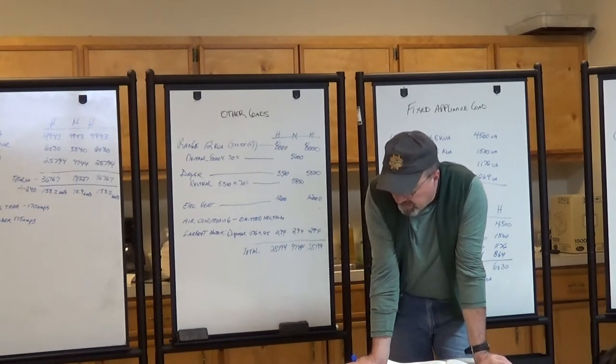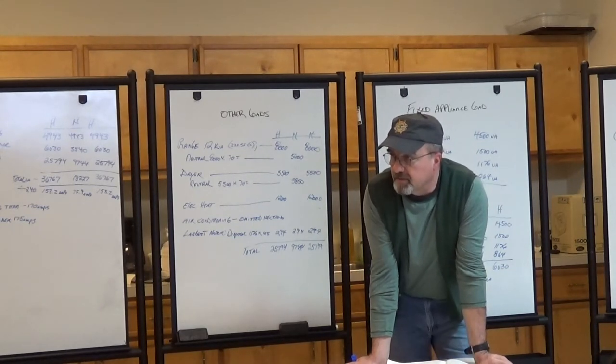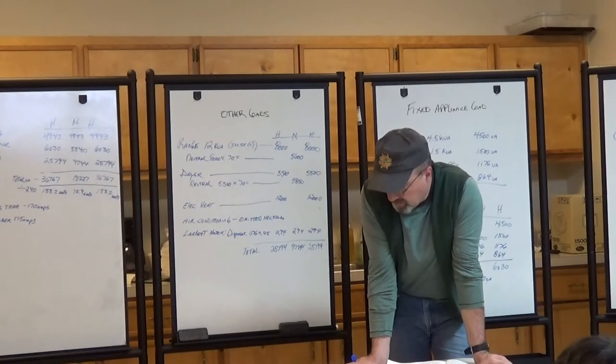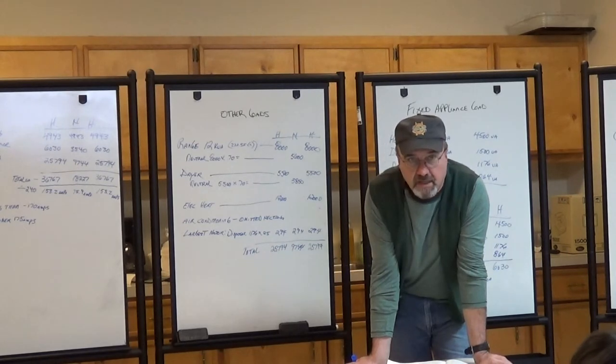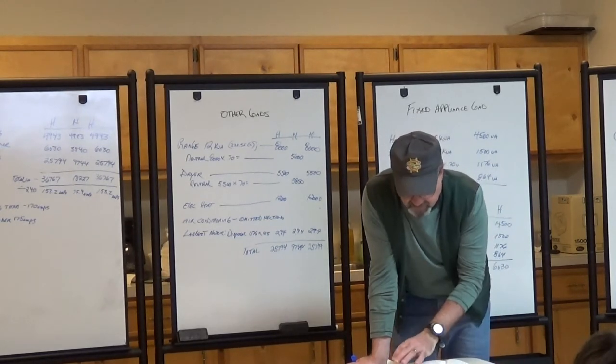What about the grounding electrode conductor? We need to size the grounding electrode conductor, so we need to look at 250.66(A).